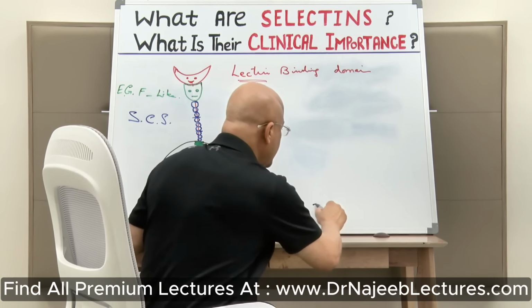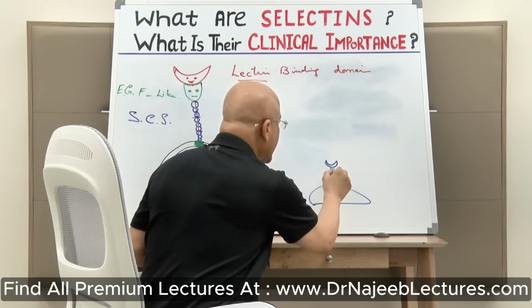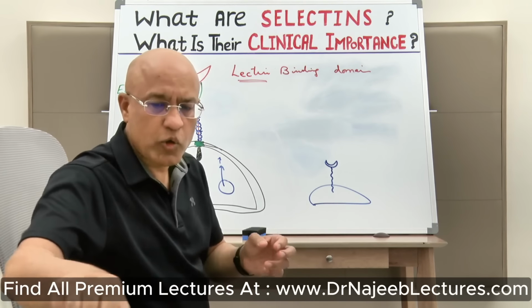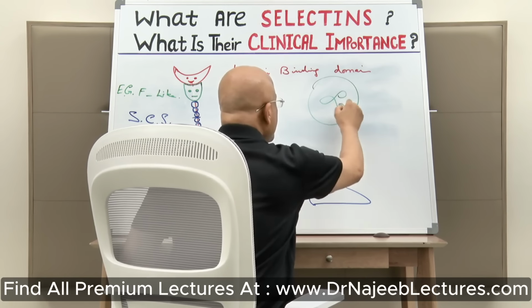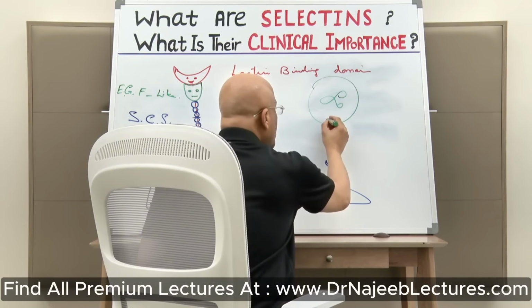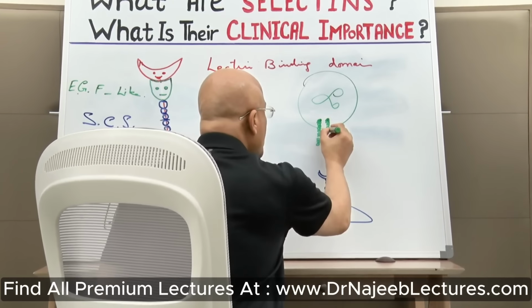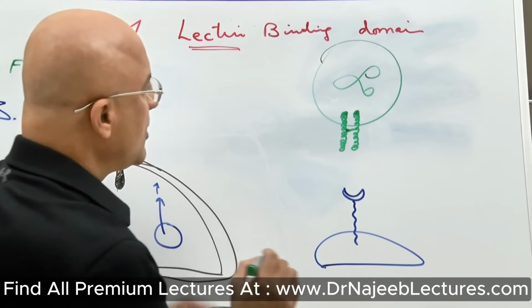For example, let me show you. Here is endothelial cell, right, and here is your selectin molecule. Then leukocyte, for example, this is neutrophil, right? It should also express glycoprotein. Usually for P-selectin, they show two glycoproteins which are held together by disulfide bond.